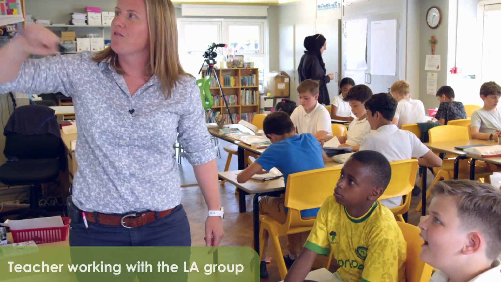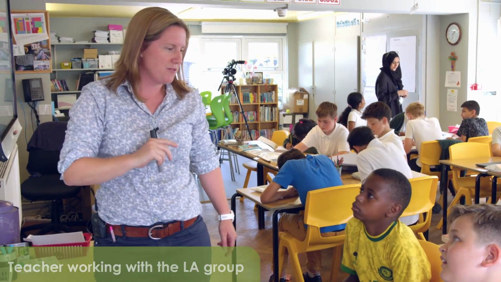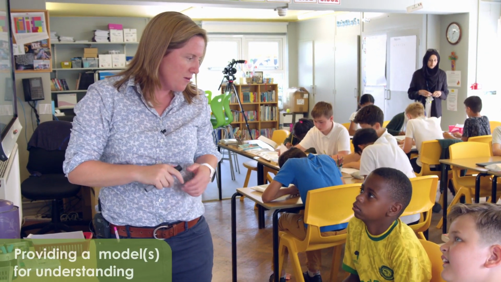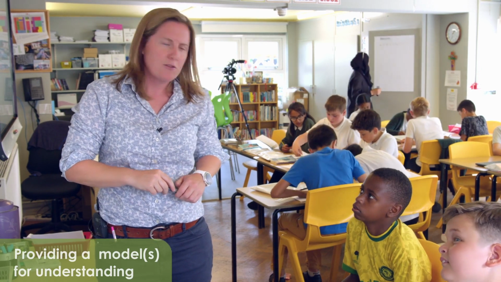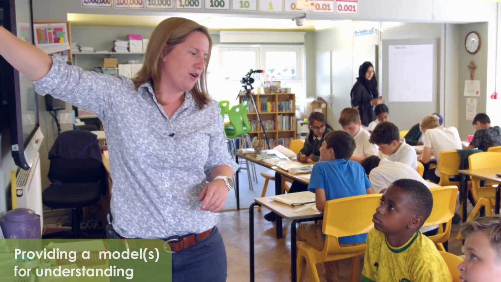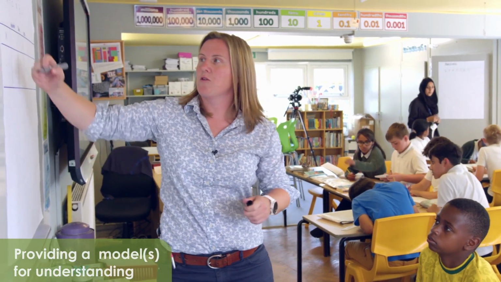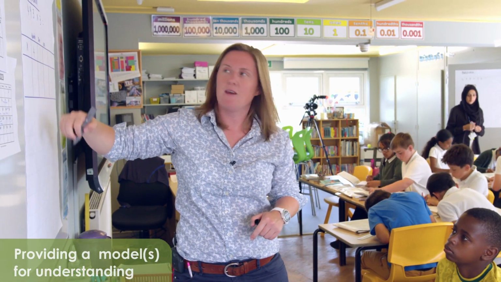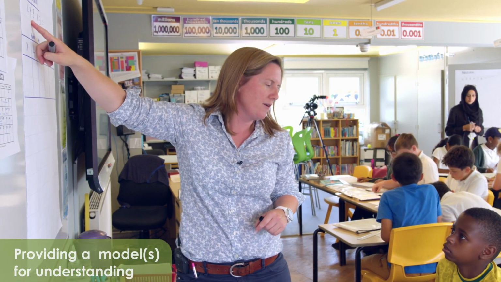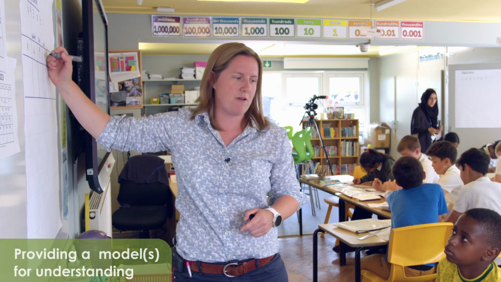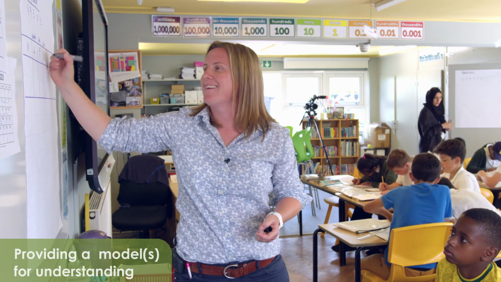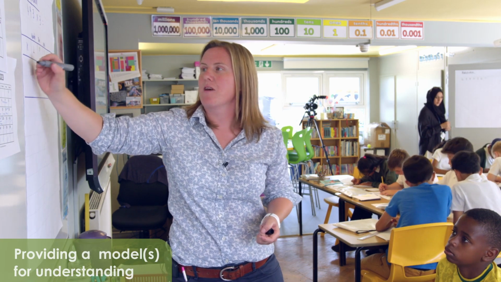Okay, so we've got 493 times 3, and one method that you have used before is this grid method to do it. Okay, so how many hundreds have we got here? 4. So that would go in my hundreds column, wouldn't it? Yeah. So what's the value of that number? 10. So we've got 9 tens and then 3 ones. Okay, multiplying by 3. Okay.